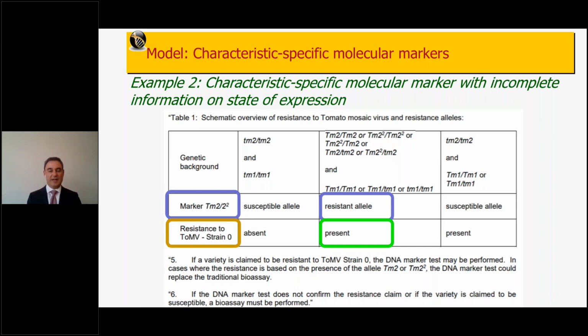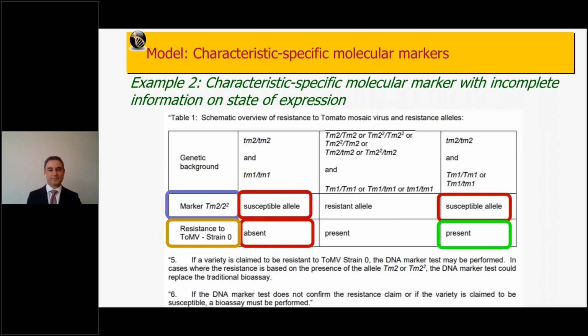So if you have a DNA assay, a bioassay, and find the marker, you can see here the blue rectangles. If you find the marker and there is the presence of the resistant allele, there will be resistance present for mosaic virus. So information goes one way: when the marker is found, when the marker is present, resistance is also present.